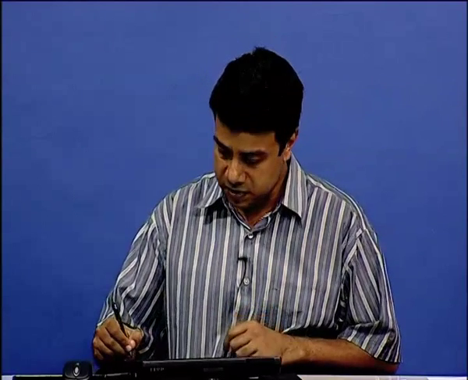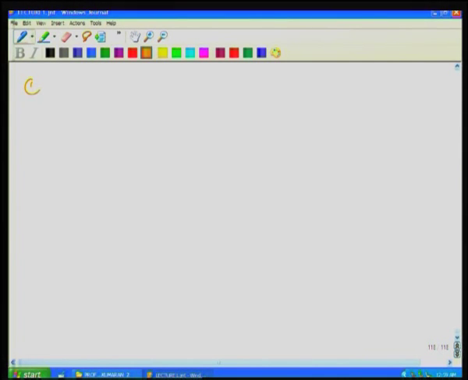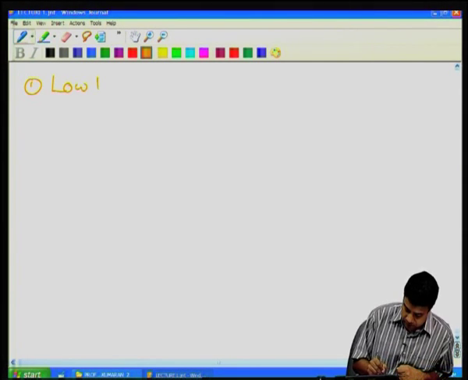So, that is going to be our strategy for looking at fluid mechanics problems. We look at special cases. The first is low Reynolds number. In this case, you neglect inertia.